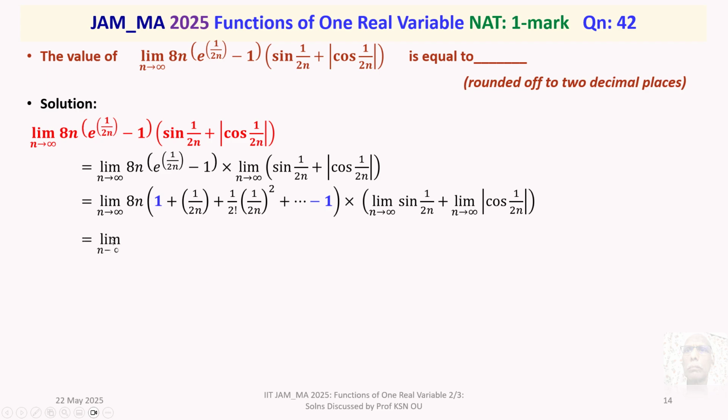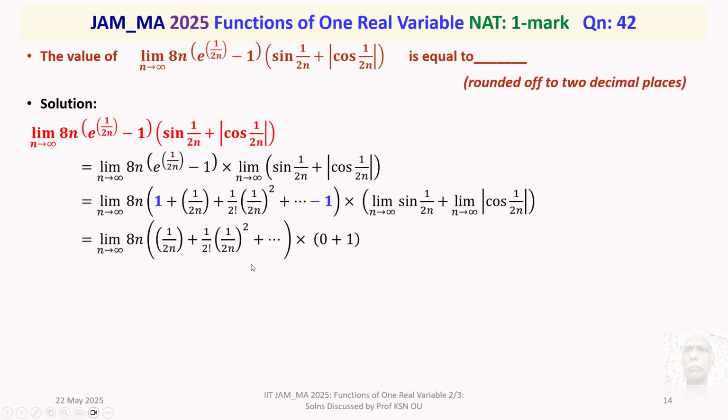Then we will get limit n tends to infinity of 8n into (1 by 2n plus 1 by 2 factorial into 1 by 2n square plus the higher powers of 1 by 2n) into (limit of sin 1 by 2n is 0, plus limit of mod cos 1 by 2n is 1). So this is 0 plus 1, which is 1.